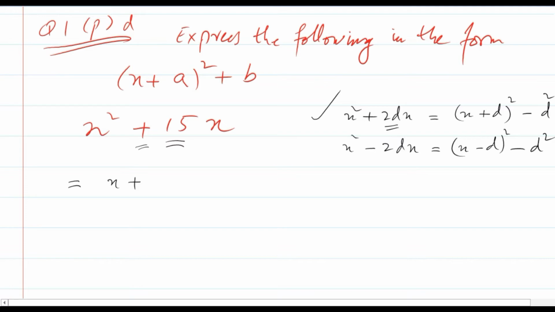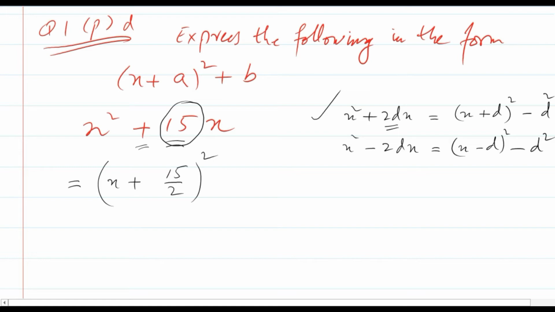If you have 2d, you write d. It means half of that number, and we will write 15 over 2 whole square, half of this 15.